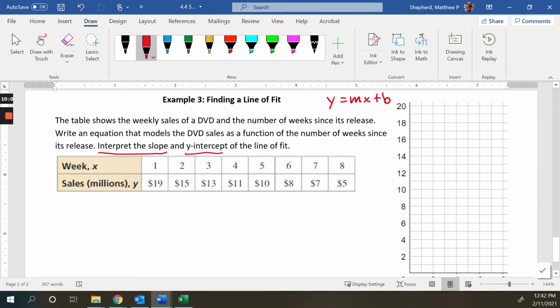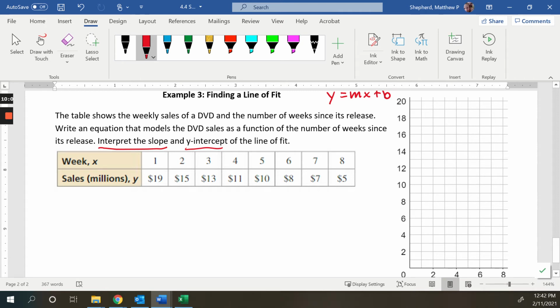All right, so let's start with step 1. Let's just get the scatter plot made. So at 1 week, it was at 19 million.